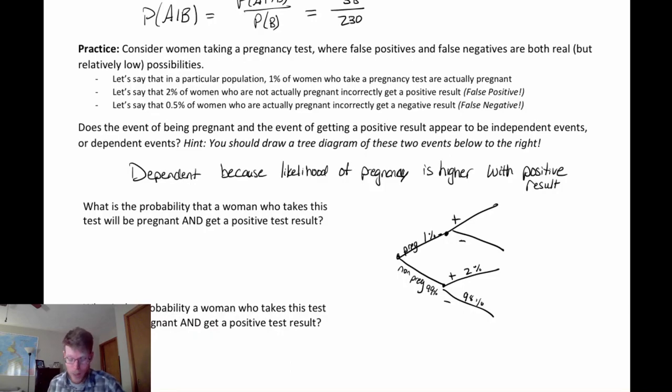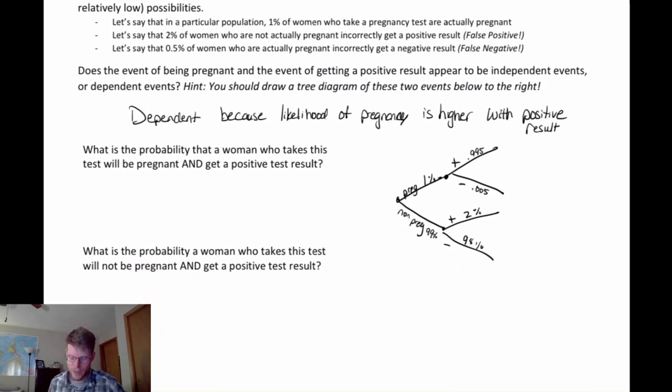We also know that 0.5% of the pregnant women are incorrectly going to get a negative test result. So that's going to be 0.005, and this one's going to be 0.995. I guess I didn't do percent signs on that, but oh well. Now that we have this tree diagram filled out, these questions are going to be a lot easier.